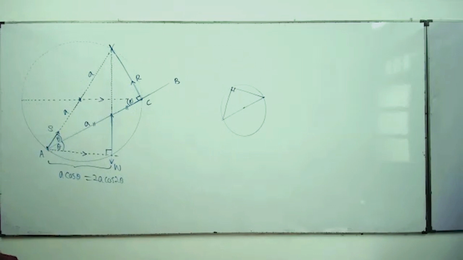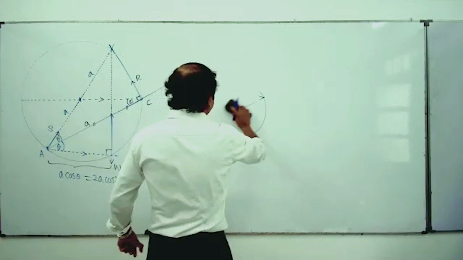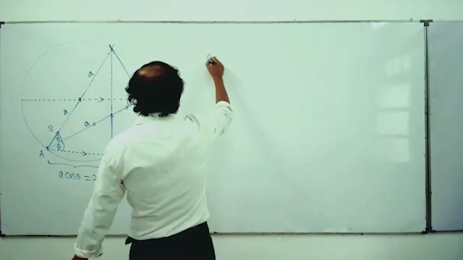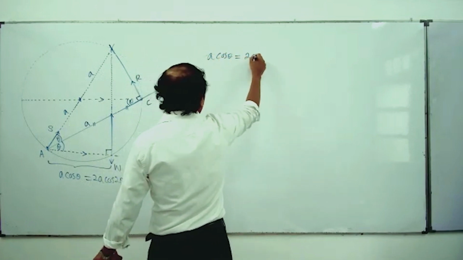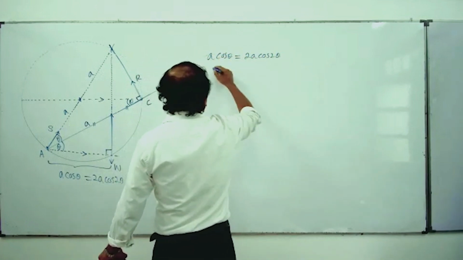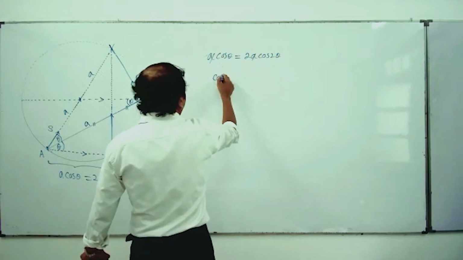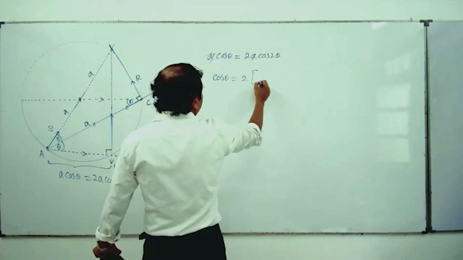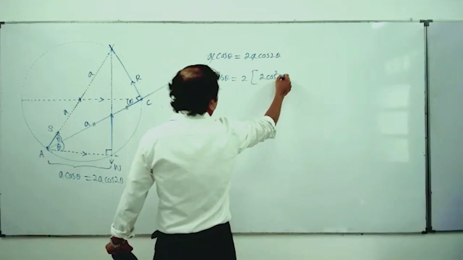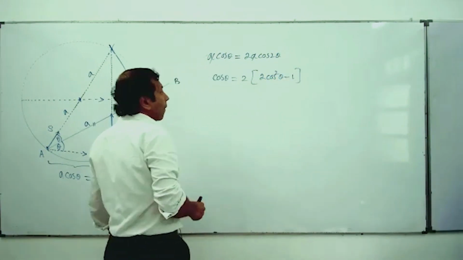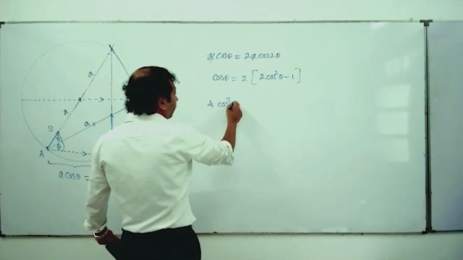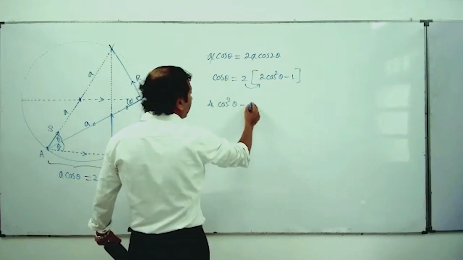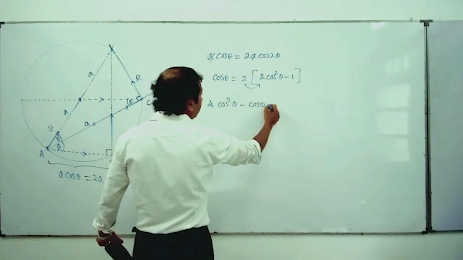Now using this, you can find theta. How? a cos theta is equal to 2a cos 2 theta. a and a you can cancel down. a cos theta equals 2 times cos 2 theta, and cos 2 theta is 2 cos square theta minus 1. Then there we get 4 cos square theta, removing the bracket, taking the right-hand side, minus cos theta minus 2 equals 0.